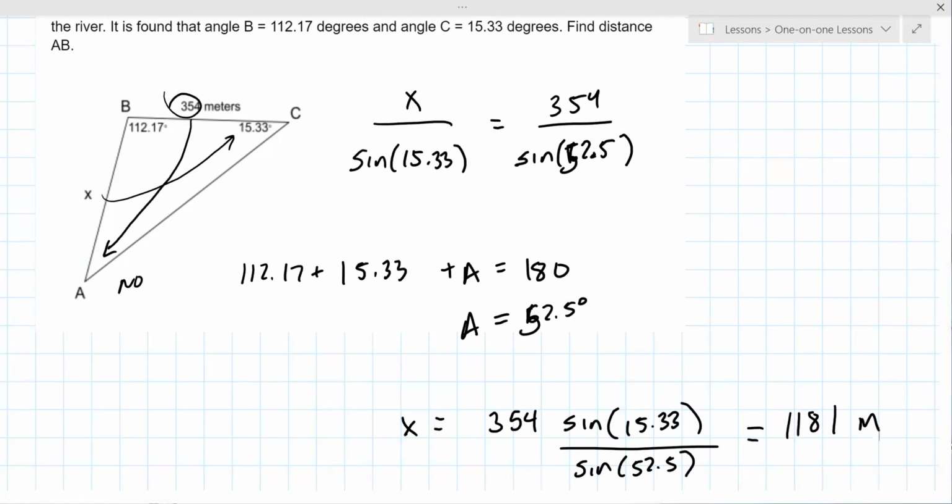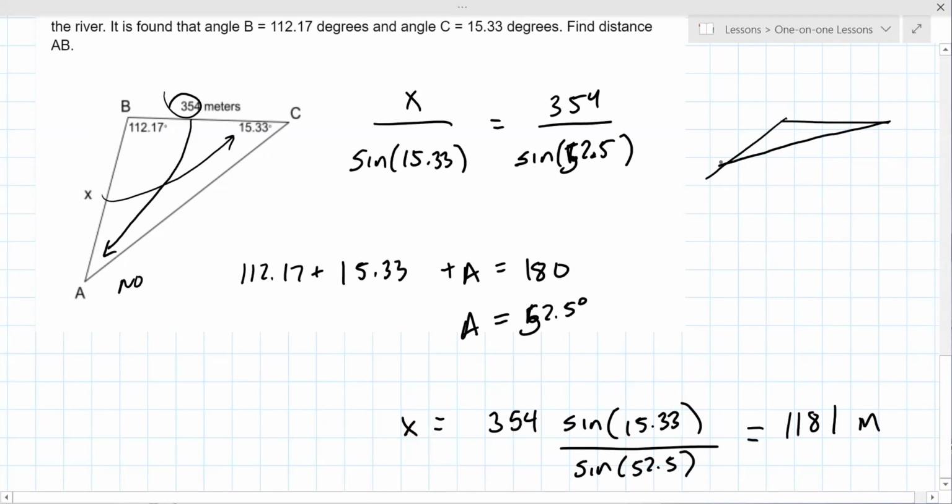Okay. It's not drawn to scale, so this is actually more of an obtuse angle right here. This 112 is pretty obtuse, and then this 15.33 is pretty sharp. So it's not proportional at all. Yeah, it doesn't look right at all, but the number is reasonable, I guess.